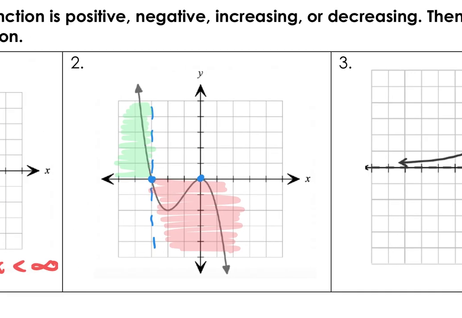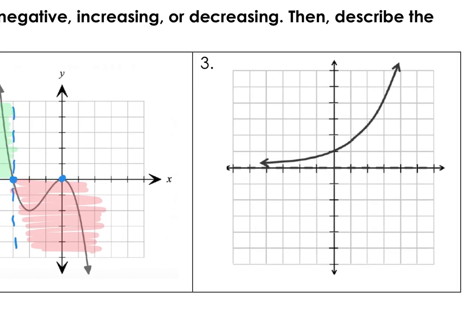And this one's the easiest because we've got an exponential graph, which remember with exponential graphs, they approach this horizontal asymptote, which means a line that they get closer and closer and closer to, but they never cross. So if we're looking for an x-intercept, will we ever have an x-intercept?